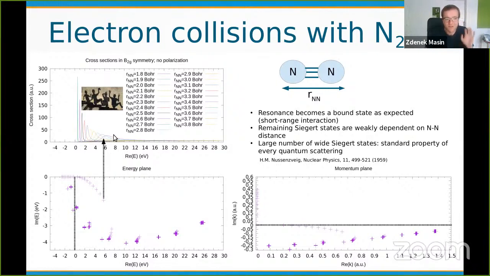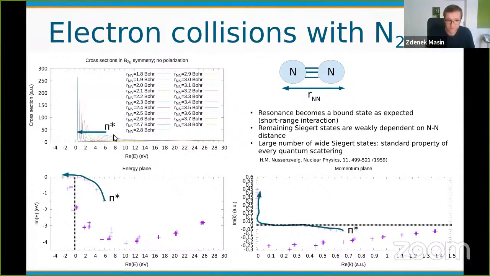So in the cross sections, we see the peaks, and that's a reflection of the pole in the complex energy plane. An equivalent picture is obtained when we look into the complex momentum plane. It's just that the trajectories look a bit different. So what we see here is that the resonance, which is here, actually does become a bound state as the bond is extended.